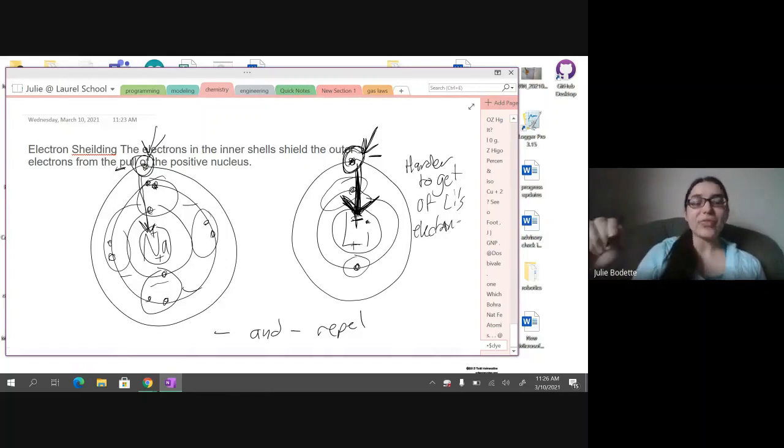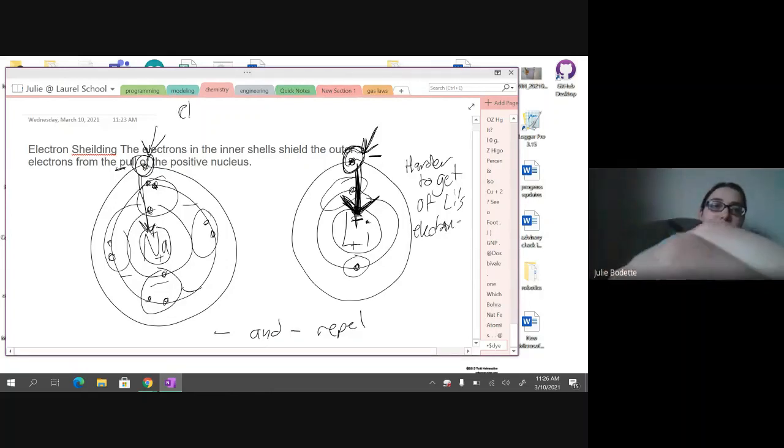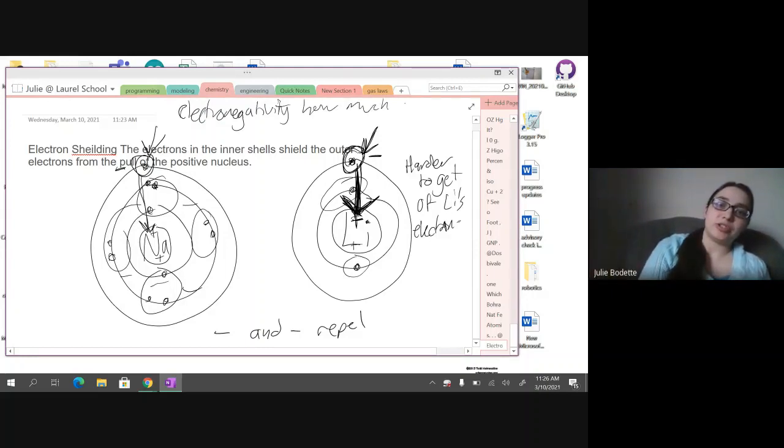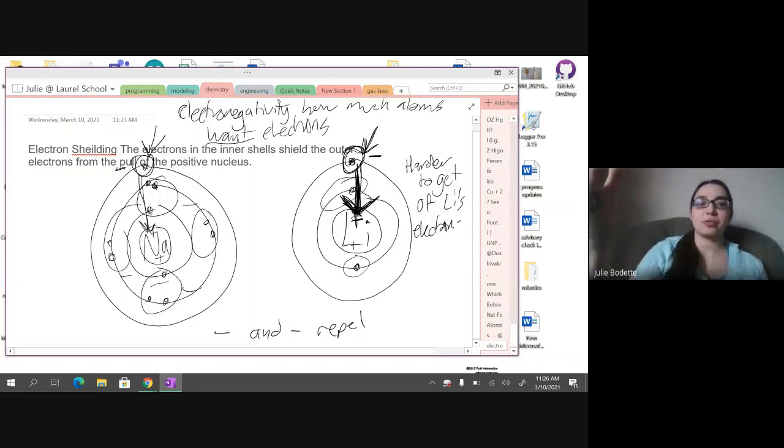And then if we think as far as electronegativity, right? Remember, electronegativity is how much atoms want electrons, right? High electronegativity, I really want more electrons. Sodium and lithium might not be the best example for this because they don't particularly want more electrons.